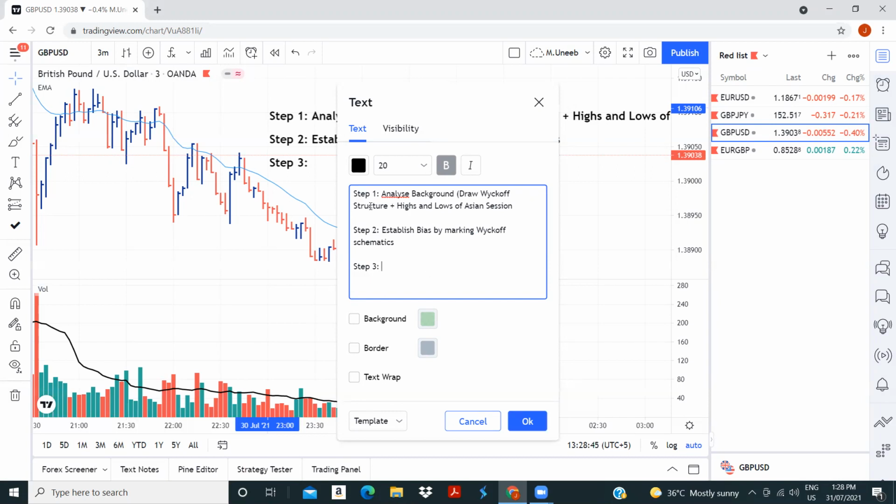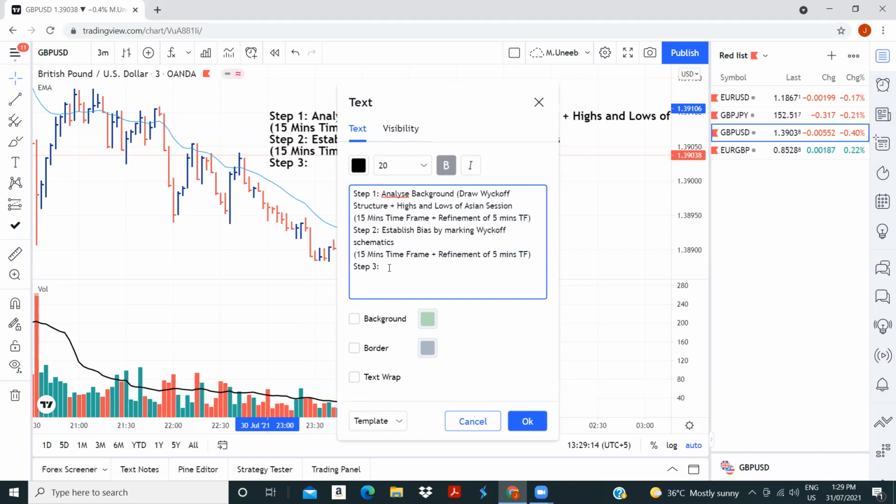Okay, first of all, step 1 should be performed on the 15 minutes time frame and refinement on the 5 minutes time frame. Remember that this one is also the same: 15 minutes time frame, refinement on 5 minutes time frame.